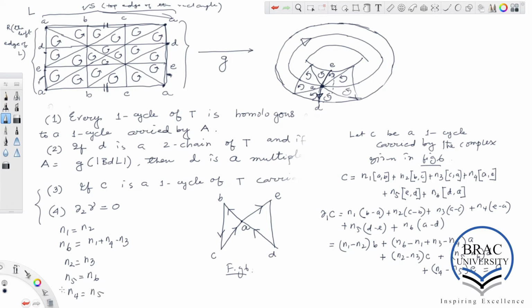And if we apply these things here, then we get that n6 is equal to n2 plus n5 minus n2, which means n6 is equal to n5, which is exactly this equation.